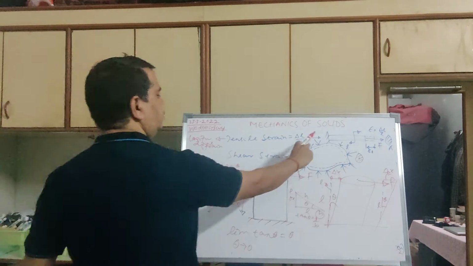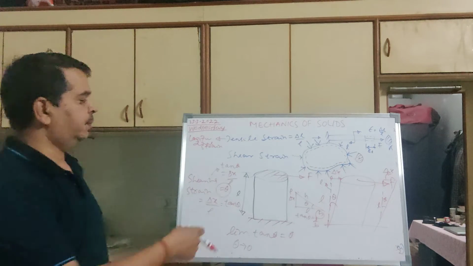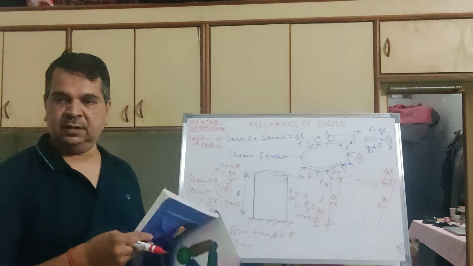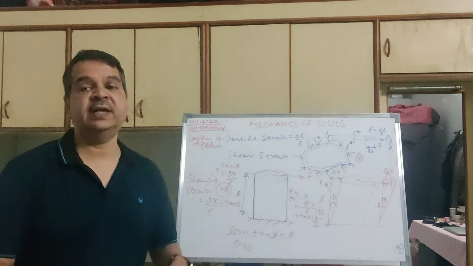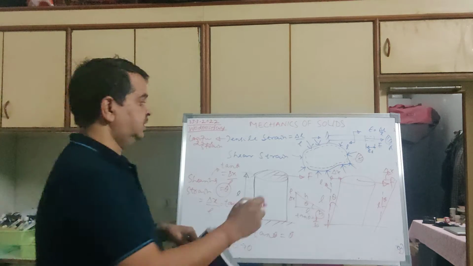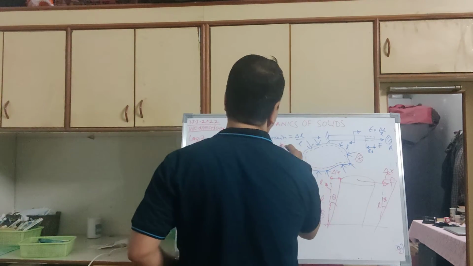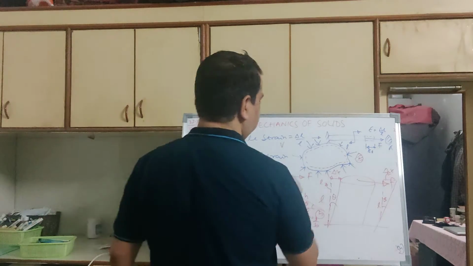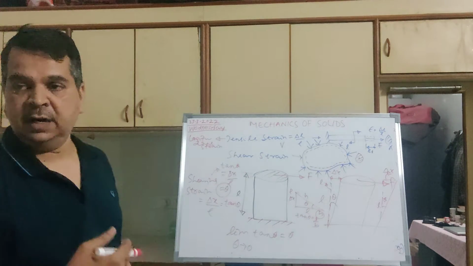My initial volume is the blue one, my final volume is the red one, because of external pressure. So the volume gets changed here. Let us say for the blue one the volume is V, and the change in volume is delta V.